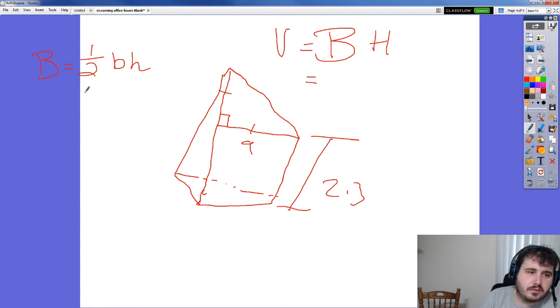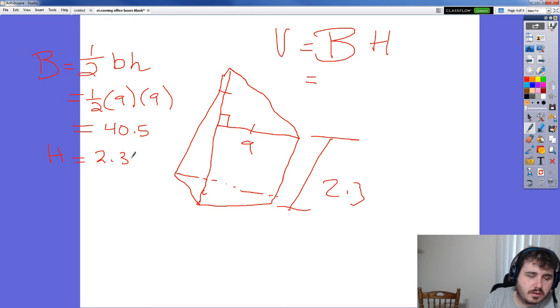It's a triangle, so 1/2 times 9 times 9, because the base and the height are both 9, right? And then, so that's half of 81, or 40.5. And then the height they tell you is 2.3. So we do 40.5 times 2.3.